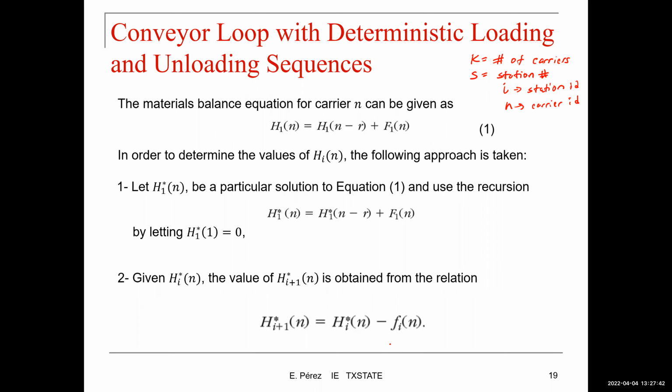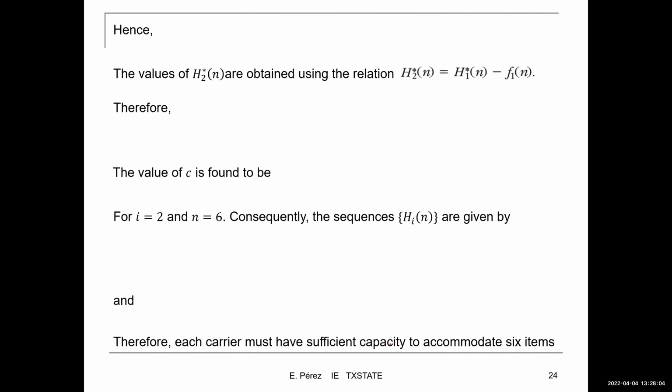In this case, we have 2 stations, so I have to find it for station 2. So I have to go here in order to find H star of i plus 1. I have to use the values of H1 and subtract them by the value of F. So let's do that before we get into step 3. So let's put the H1 star values at the top.